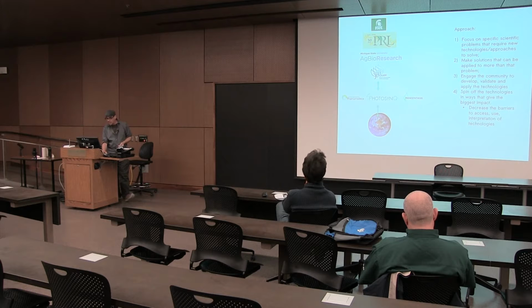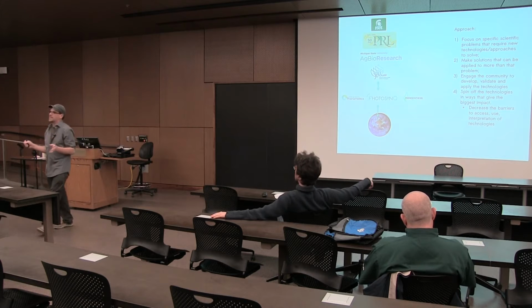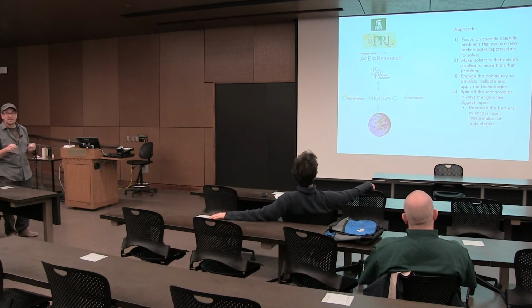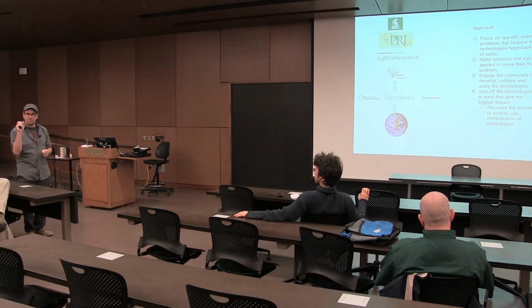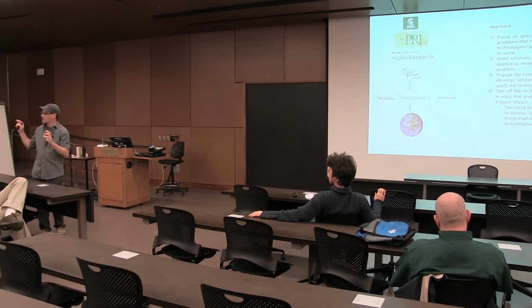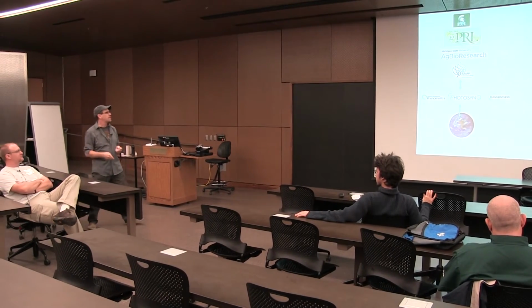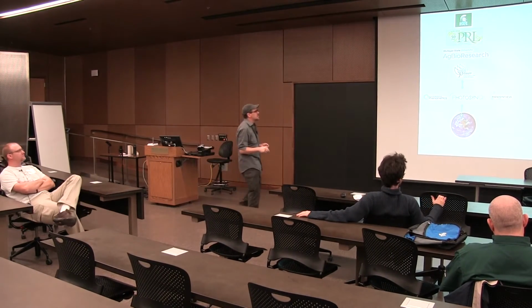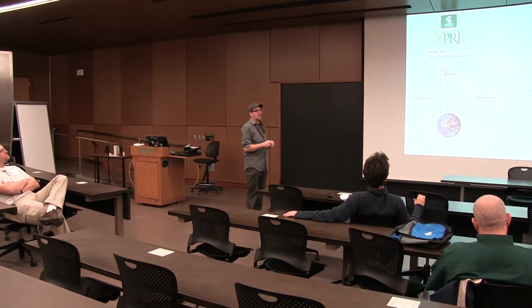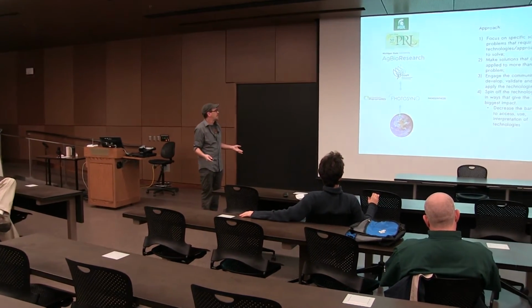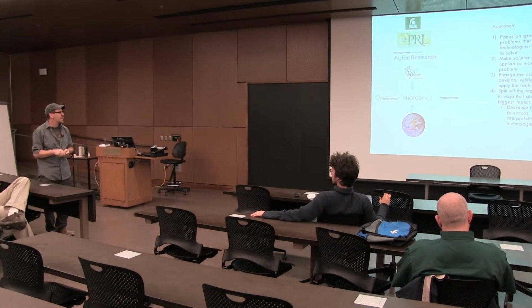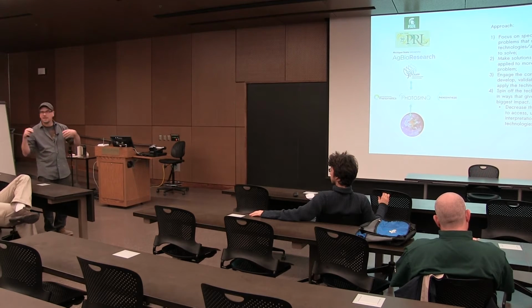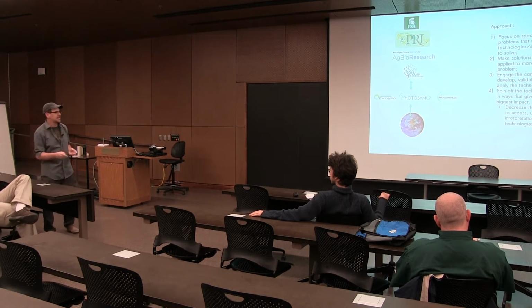Okay. So here's how we go about doing this. First, we focus in on a specific scientific question, right? A scientific problem. We're focused on that. We're choosing a question that requires new technological approaches to solve, but we make the solutions to that so that they can be applied to more than one problem. The next level that's really important is to engage the community in the development, the validation, application, use of the technology.